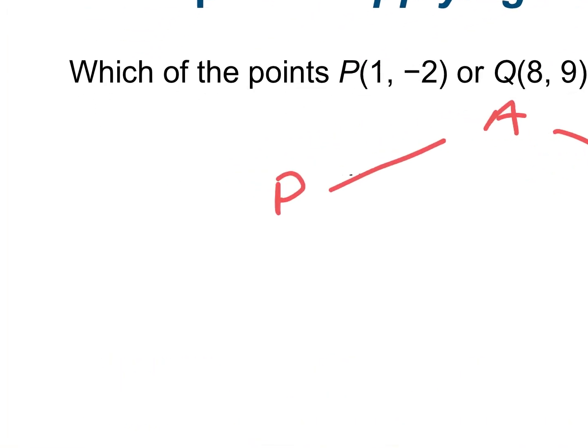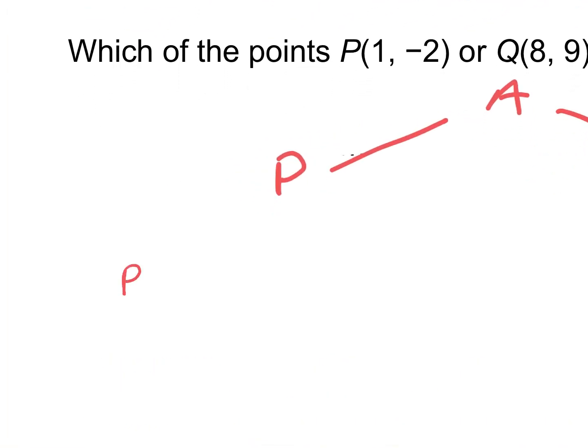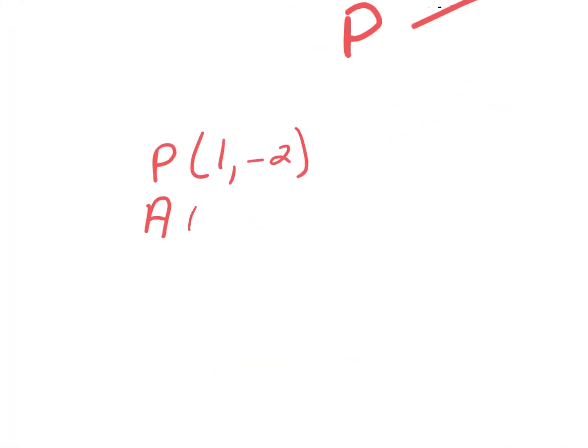I think you should write P and A. I have point P is (1, -2), and A is (5, 3). Now, notice how I wrote my points. Are they next to each other, or are they on top of each other? I think this is the better way to do this, guys, because you have to keep your x's together and your y's together.